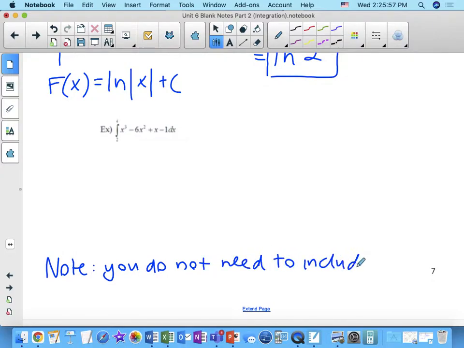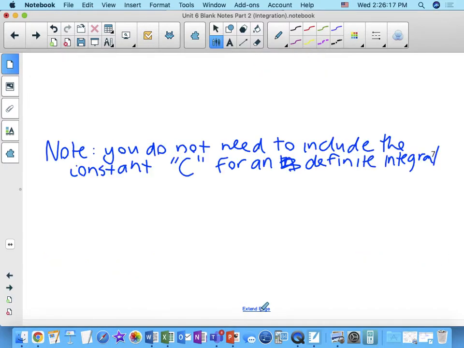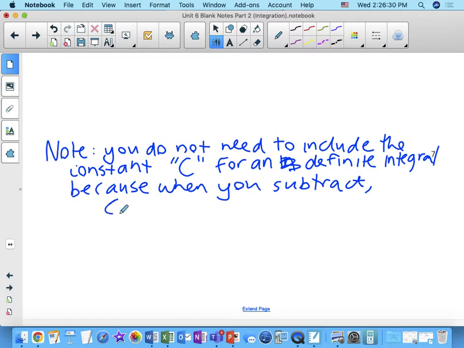You don't need to include the constant c for a definite integral, because when you subtract, c minus c equals 0.